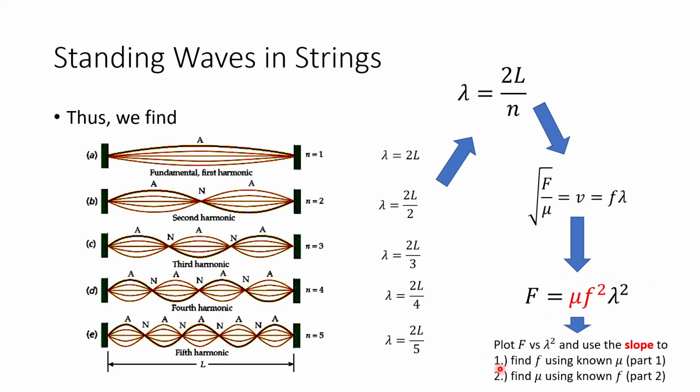On the first part, you're going to be given mu, so you need to find f. So once you know mu, you can actually calculate f from the slope, and vice versa. On the second part, you're going to be given an unknown mu, and then you already know f in this case. And by knowing f, you can actually calculate mu from this relation once you have plotted the relationship between F and lambda squared, and use the slope to calculate either mu or f on part 1 or part 2.